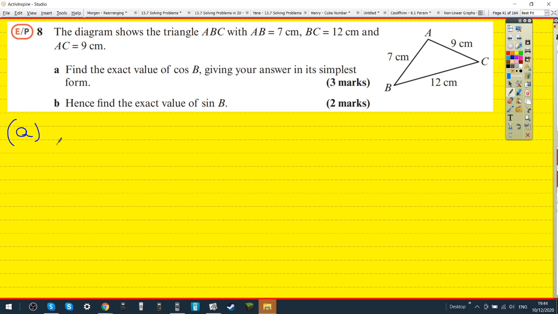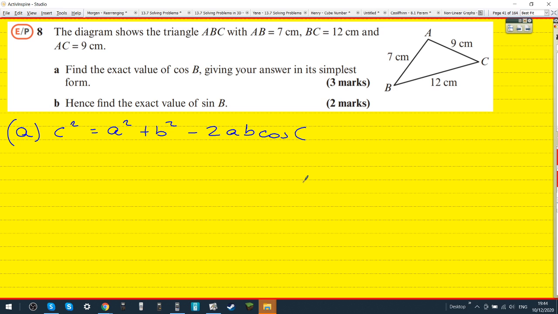So would you use the cosine rule? Yep. And the cosine rule is c squared equals a squared plus b squared minus 2ab cos c. Okay, what goes where? When it says to find the exact value of cos b, does that mean the angle?